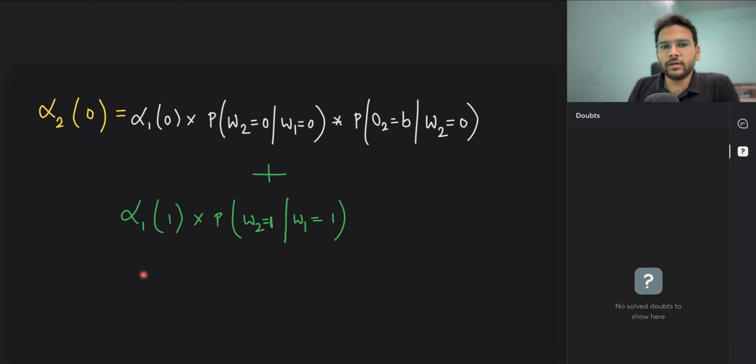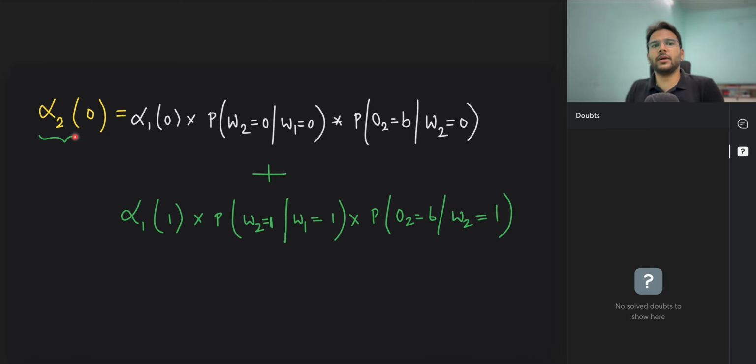Is it clear so far? Any doubt? Multiplied by probability of O2 is equal to B given W2 is equal to 1. This is how you can calculate alpha 2 of 0. Take your time, and if you have any doubt, please ask.